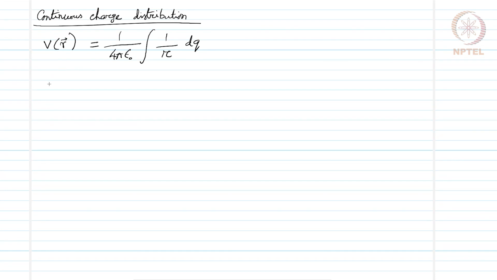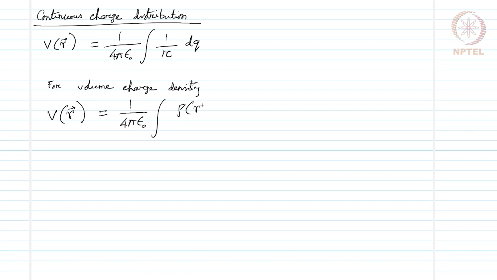For a volume charge density, we can write the potential as 1 over 4 pi epsilon naught, integration over rho, which is a function of r prime, over script r d tau prime.